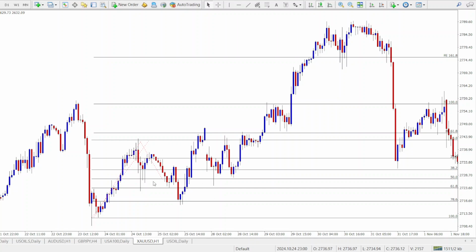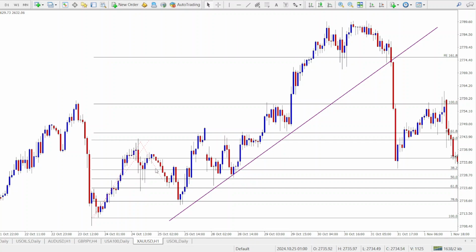You can see that in this bullish trend, the Fibonacci retracement levels are predicting potential reversal points, potential points where the pullback will stop or will end.